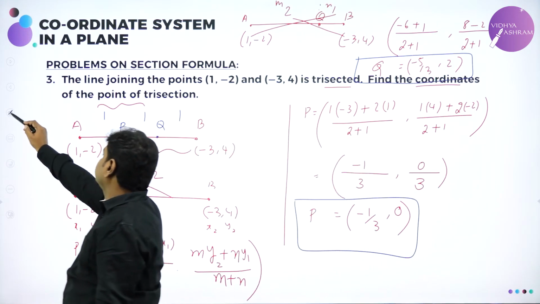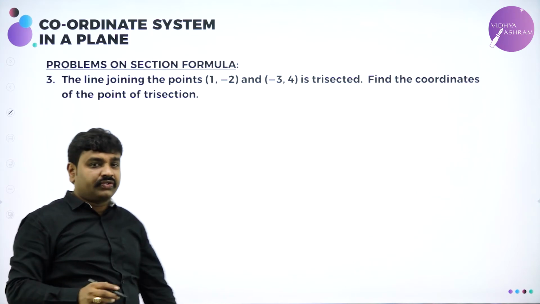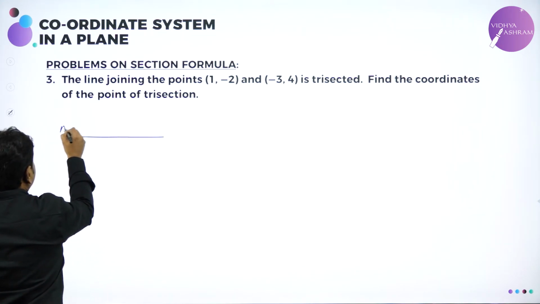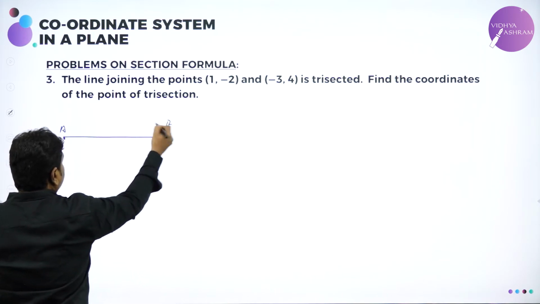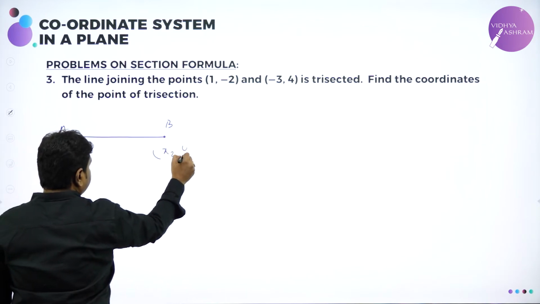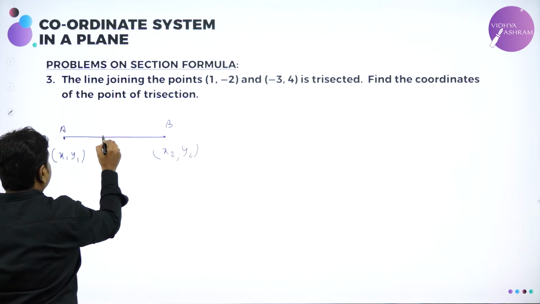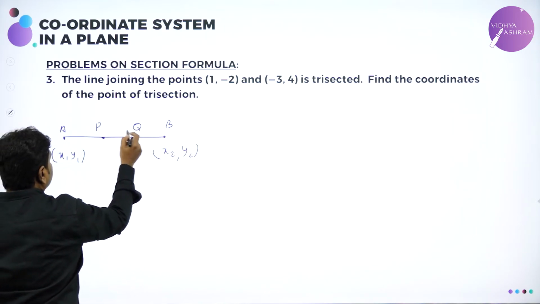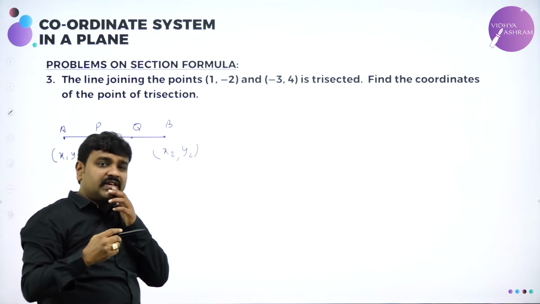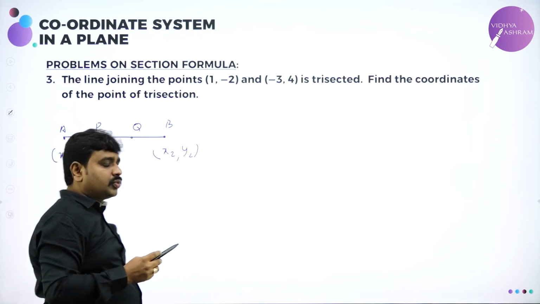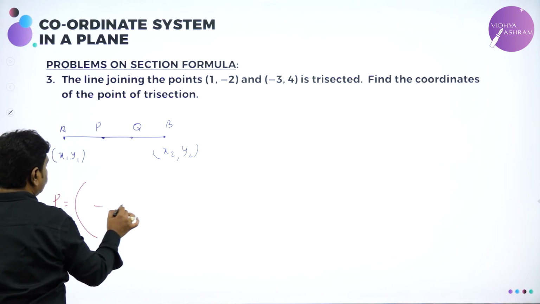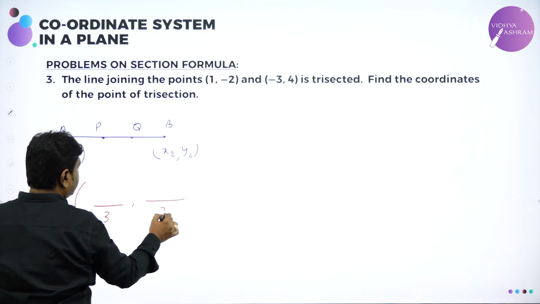Now the alternate method: if I take a point A as x1 y1 and B as x2 y2, and 2 points P and Q. Directly for one we will take the ratio 1 is to 2, the other one we will take 2 is to 1. So for the points of trisection, both will have divide by 3.